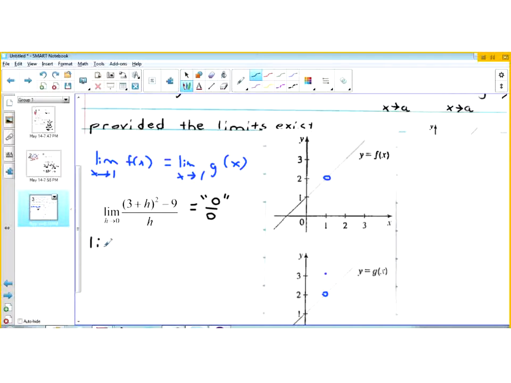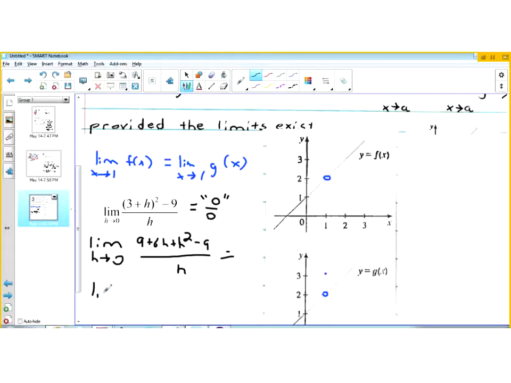And the way we could demonstrate that is we can go ahead and simplify the numerator. So the numerator is 9 plus 6h plus h squared minus 9, divided by h.